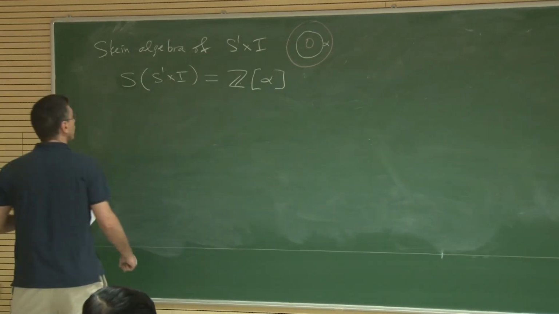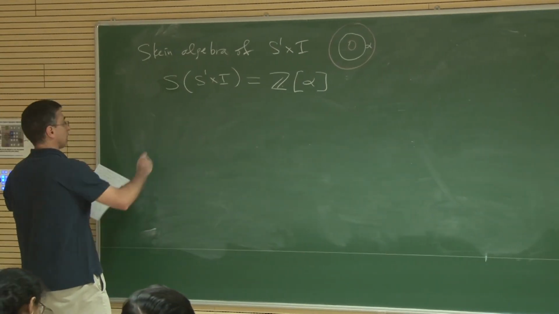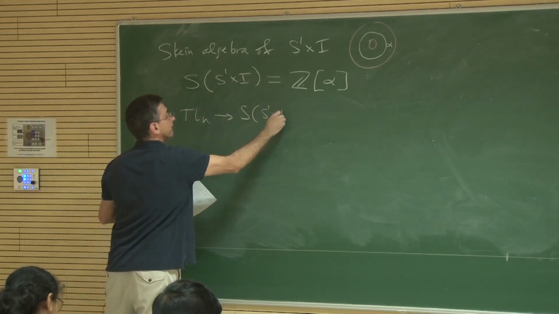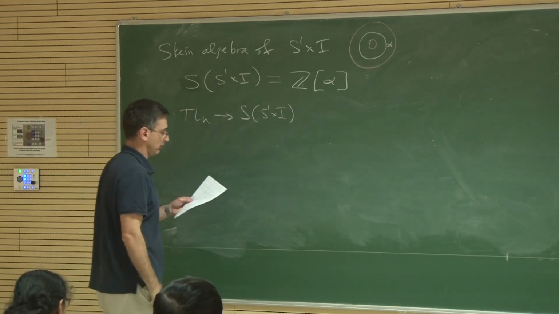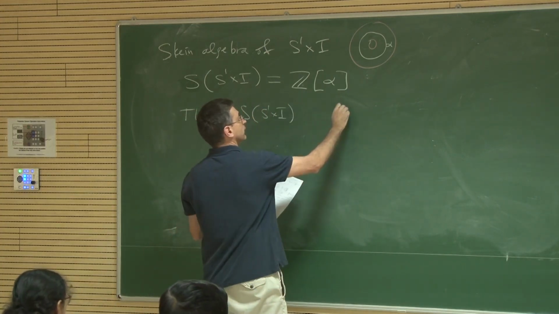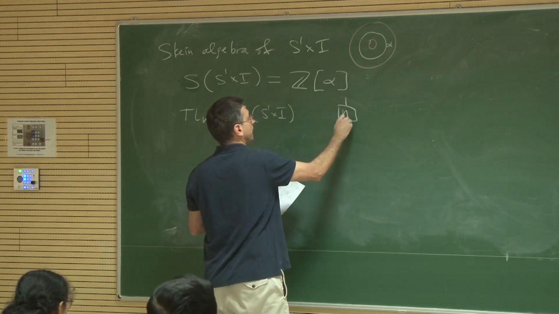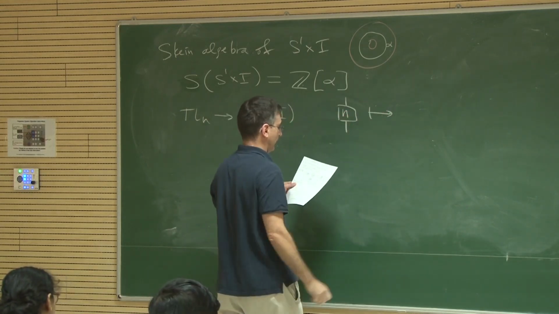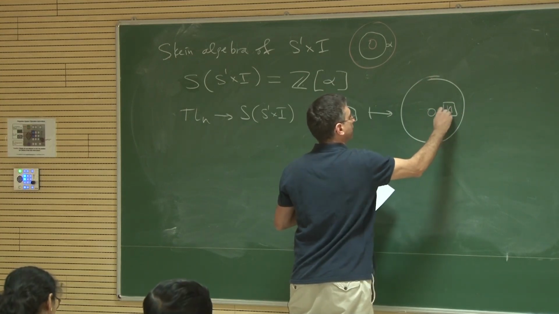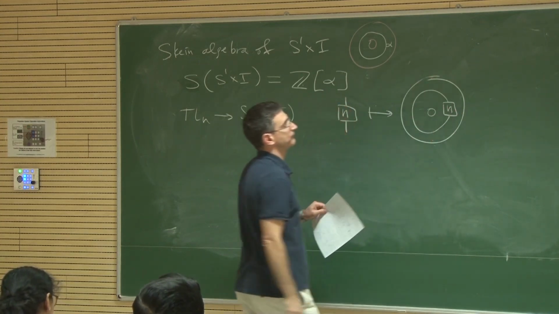We want a map from TLN into this Skein algebra by taking the Jones-Wenzel idempotent and mapping it to that guy.